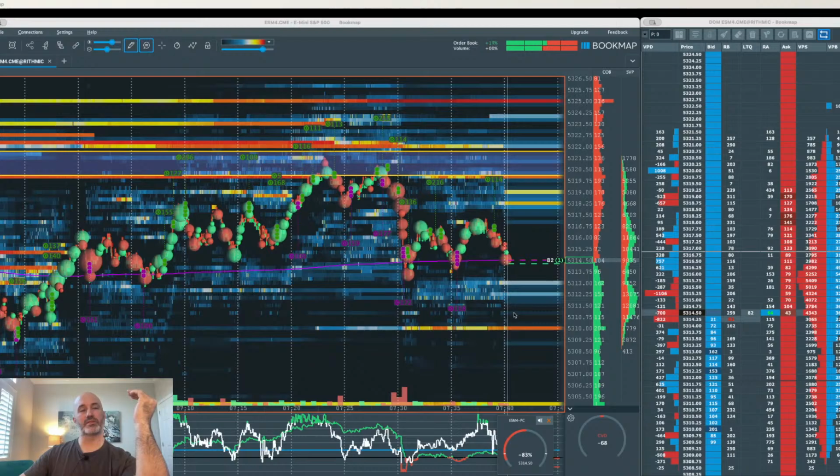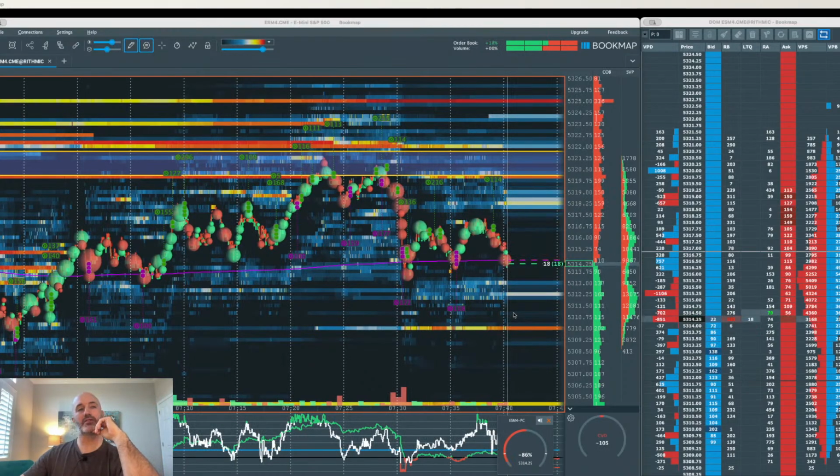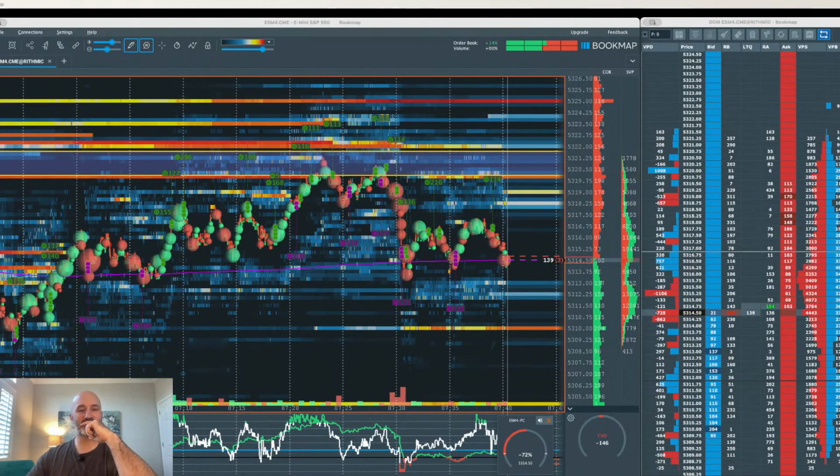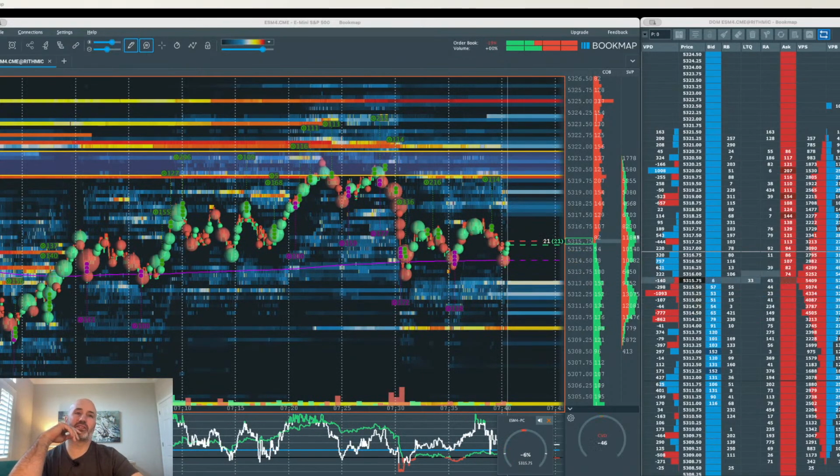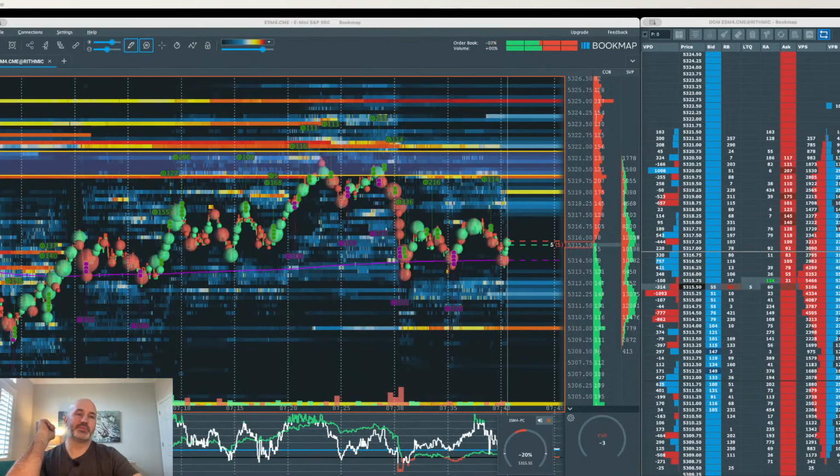We need to break this. Come on, sellers. Come on, sellers. You can do it. I mean, this is what's crazy with the market. It may not work out, this trade, but I feel like it's low risk.